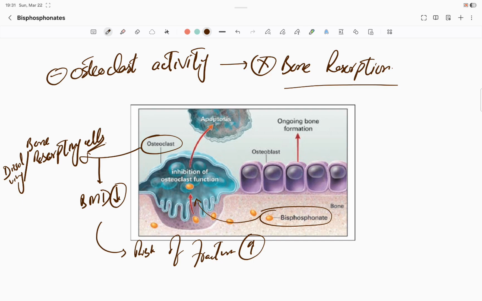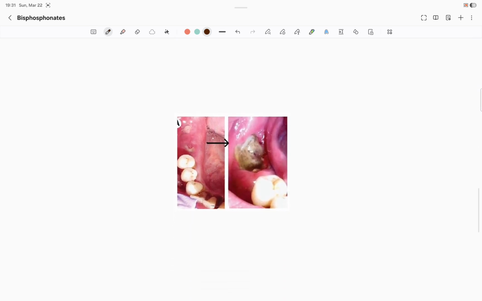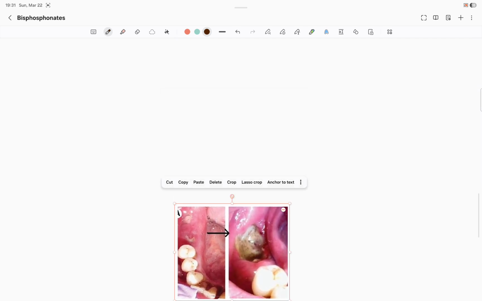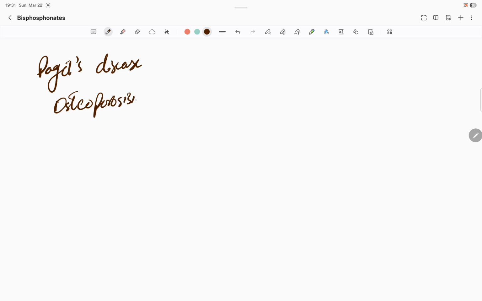All right, so this was the mechanism of action of bisphosphonates. Then we will see a couple of indications of bisphosphonates. That includes Paget's disease, osteoporosis. Remember, osteoporosis is of two types.